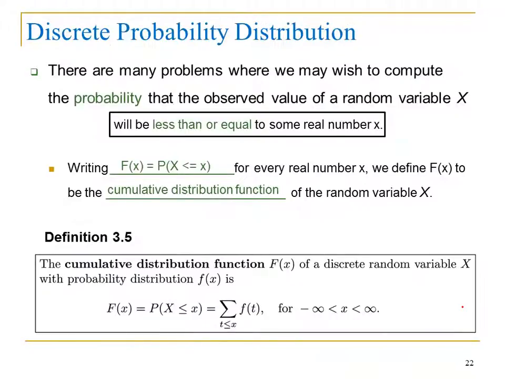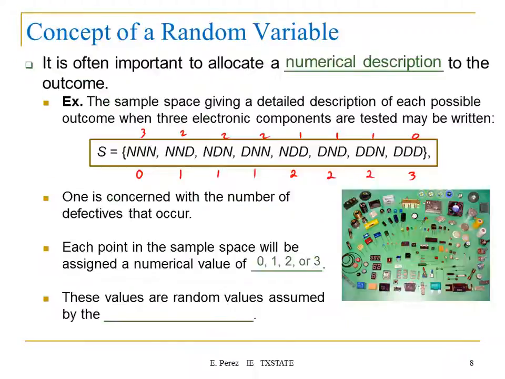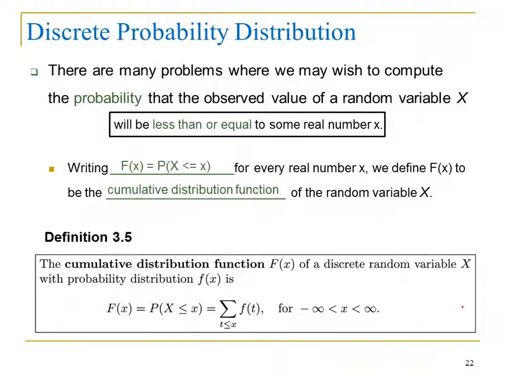For a discrete probability distribution, what we do is we add or we sum the values for all the outcomes that are less than or equal to that number. So for instance, if we know that f of 1 equals 0.2, f of 2 equals 0.25, and f of 3 equals 0.10, if I ask you for the probability of x being equal to 2, you will tell me it's 0.25, right?